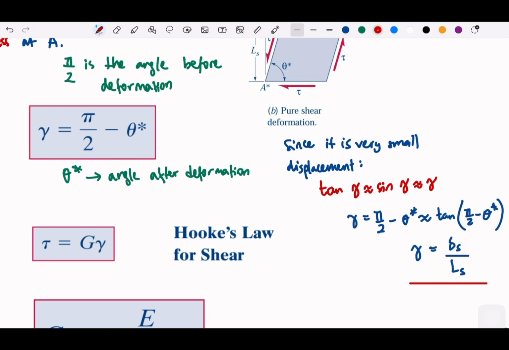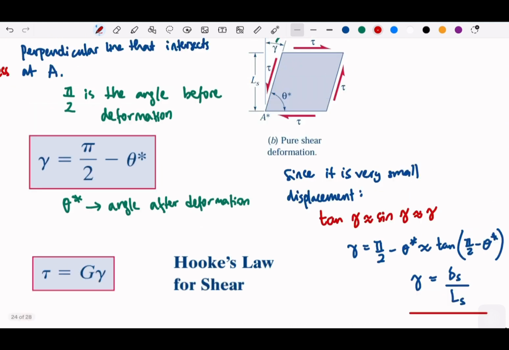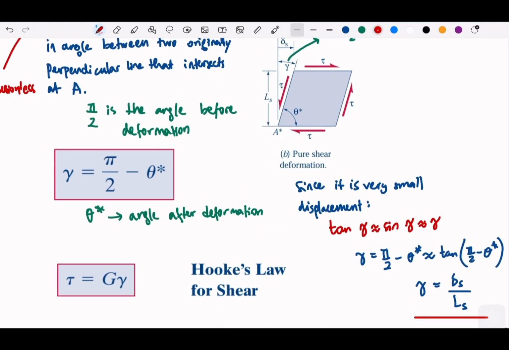If we know the exact distance of how much is displaced, we can use the ratio of the triangle and then get the angle. But if not, and we just say that it's very small, then we can just use the tangent.